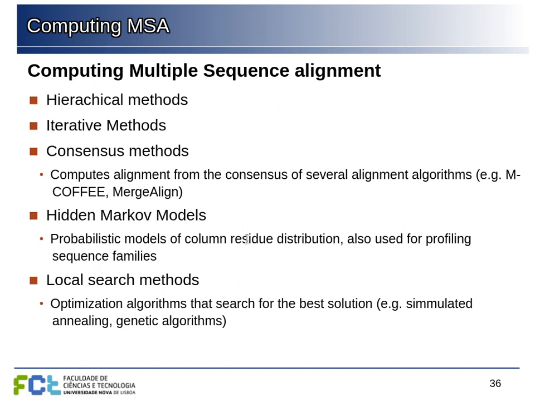And then we have consensus methods that compute alignments from different alignment algorithms and try to find a general alignment that is consensual there. And there are other approaches using hidden Markov models, using optimization, for example, genetic algorithms, simulated annealing, and so on. So basically, different approaches to this problem of being unable to explore the complete set of combinations. So we need to find some heuristics that will guide us to good solutions when we are unable to find the optimal one in a guaranteed manner.